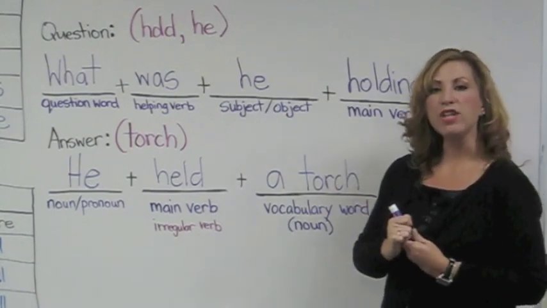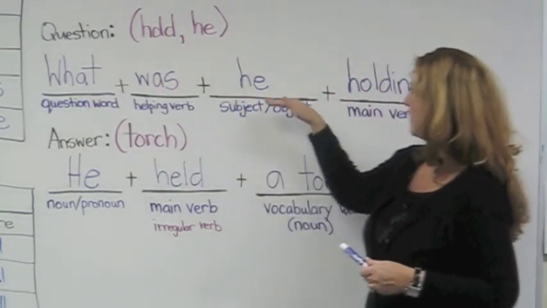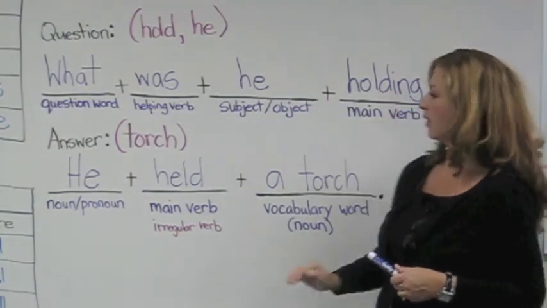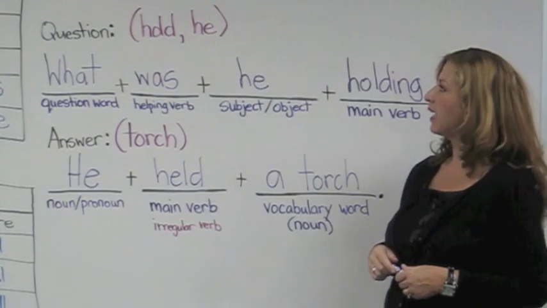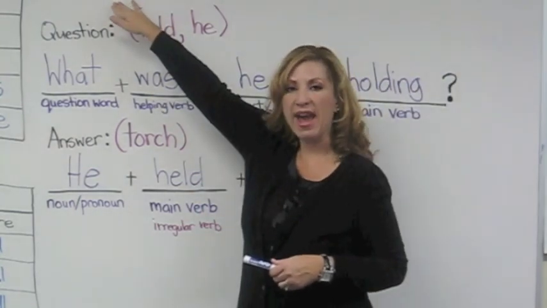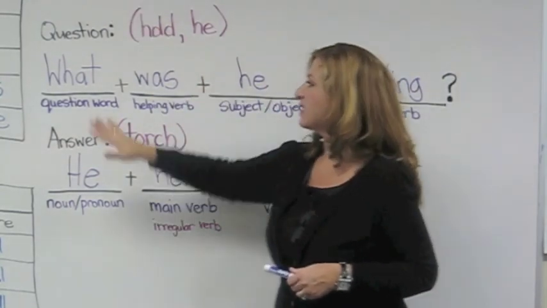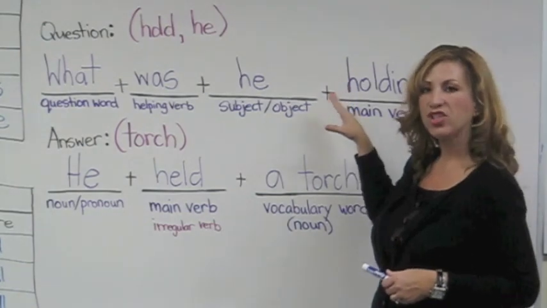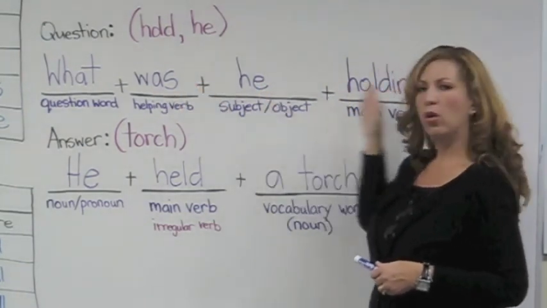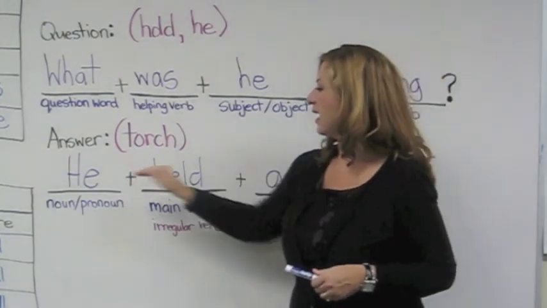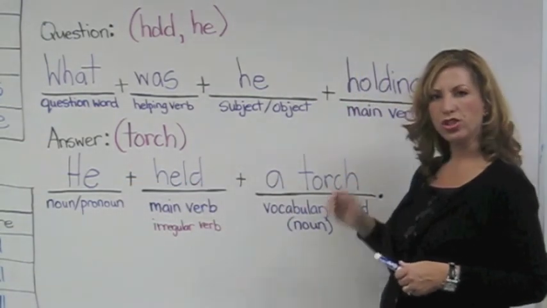So again, our question is, what was he holding? He held a torch. Again, it's because it was in the past tense, but when we ask the question, it is still in the present tense. What was he holding? He held a torch.